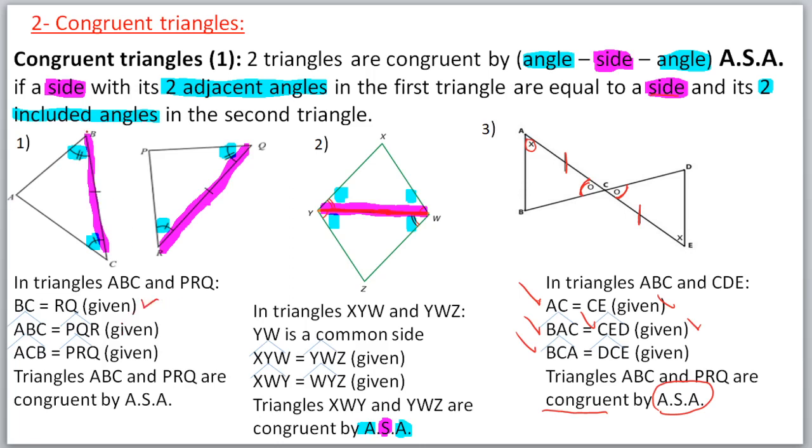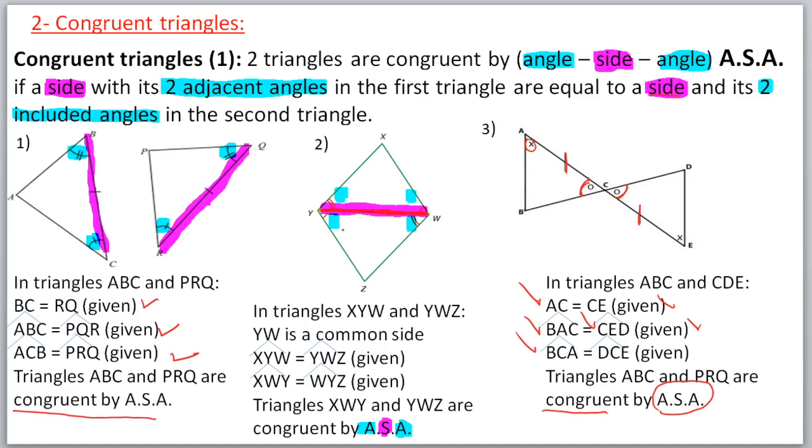Angle ABC equals angle PQR, also given. Angle ACB, if you have any problems in naming triangles, ask me please, angle ACB is equal to angle PRQ. Where is angle PRQ? It's this. So for this reason the triangles are congruent by side, angle, side.